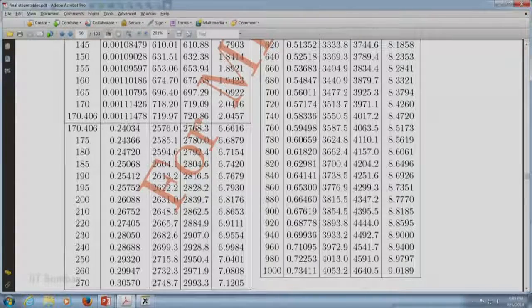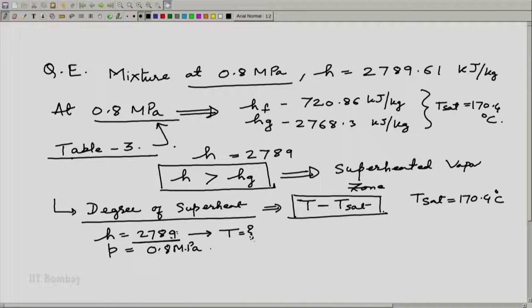If I do proper interpolation, I calculate the temperature to be 178.875, that is, 178.87 degree centigrade.